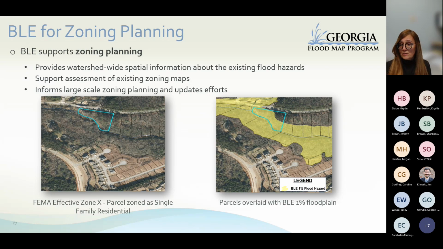So the base level engineering data sets can be used by community officials to plan any future land developments and also update the zoning maps, considering the existing flood hazard and also to minimize the potential losses in the future.